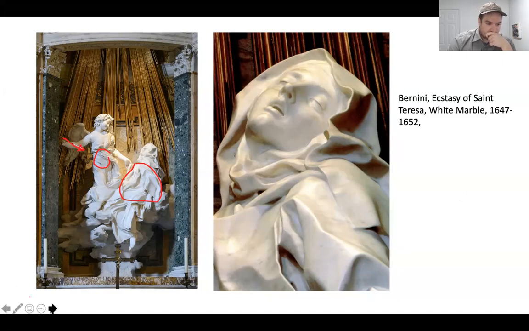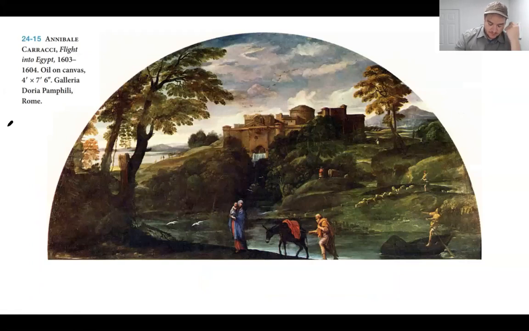Okay, next piece. Annibale Carracci. This is when we're starting to move into these more naturalistic landscapes. If you remember, Leonardo had those giant figures in the foreground, and even Raphael was biting him a little, ripping him off.